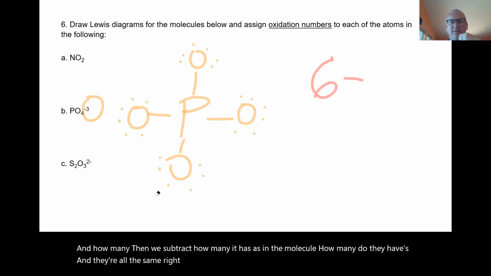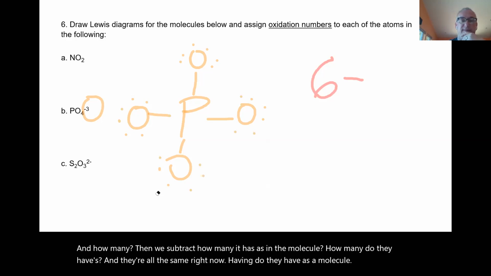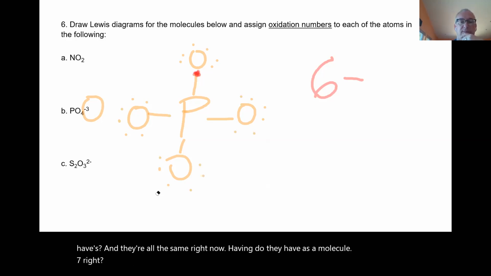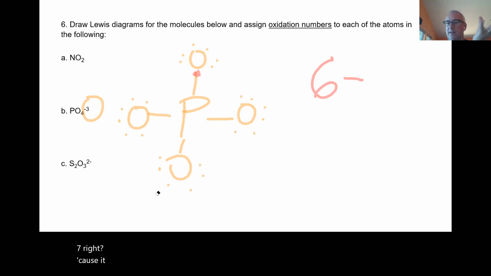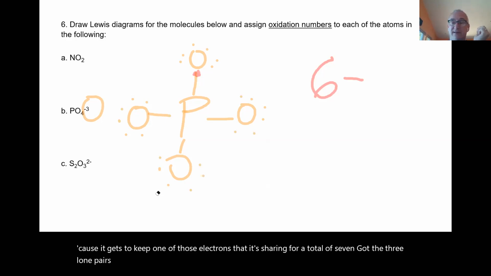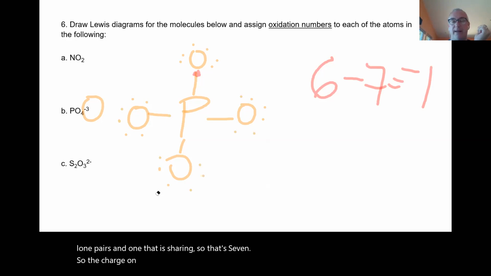How many do they have in the molecule? 7, right. Because it gets to keep one of those electrons that it's sharing, for a total of 7. It's got the 3 lone pairs and 1 that it's sharing, so that's 7. So the charge is going to be -1. They're all going to be -1.